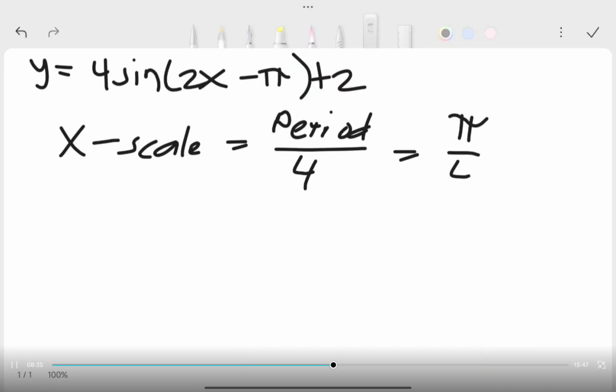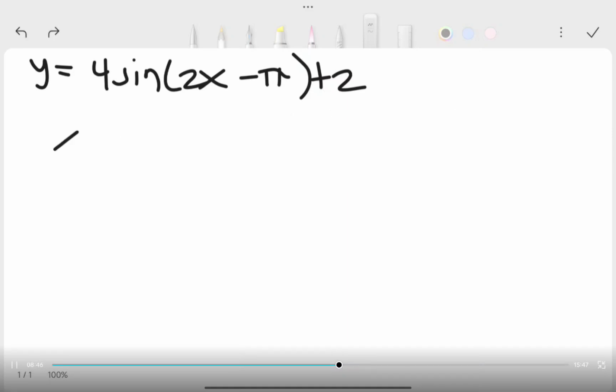and pi over 4 is the step because we'll step by pi over 4 along x to mark the 5 important points of one cycle. So the start of our midline is pi over 2. This is where we begin the x scale.